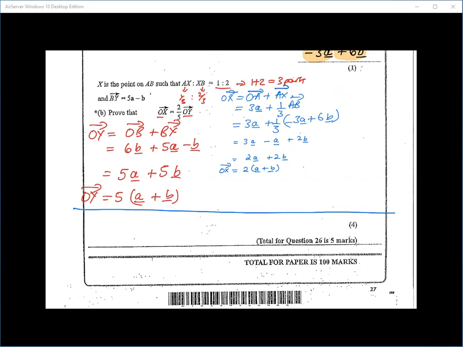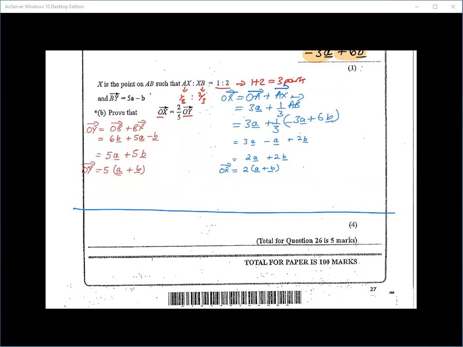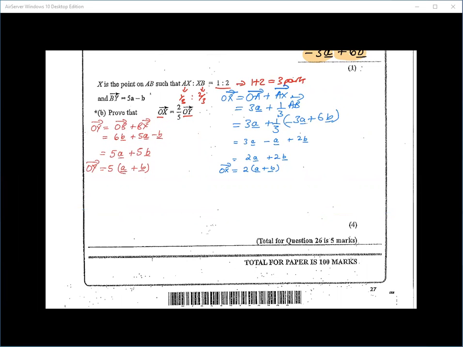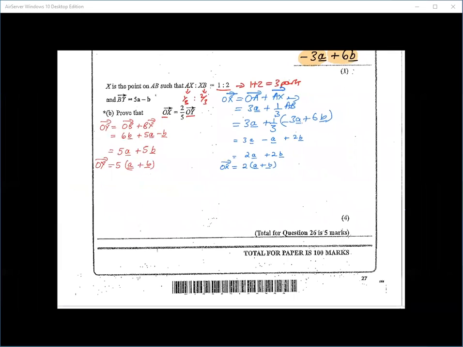Okay, let's put that together. So you do 2 over 5 bracket 5A plus 5B. Give me a second, let me make this smaller and out of the way a bit. Let me get rid of this line over here. Okay, let's go back to black. So it says that O to X is equal to 2/5 of O to Y.